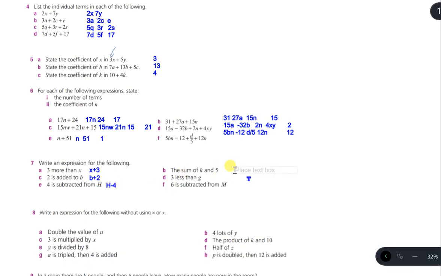If you're going to do the sum of k and 5, it can be in any order, k plus 5 or 5 plus k. I'm going to do k plus 5 and lowercase to keep with what it is asking for. 3 less than g just means g take 3, and 6 is subtracted by m will mean m take 6.